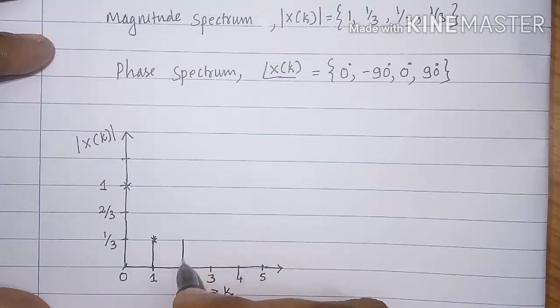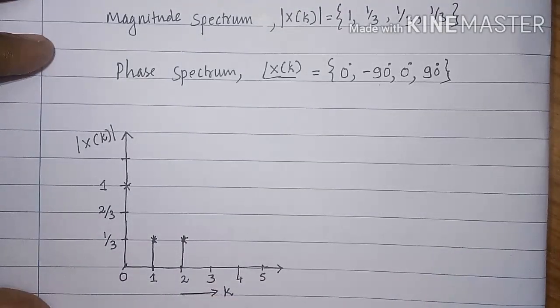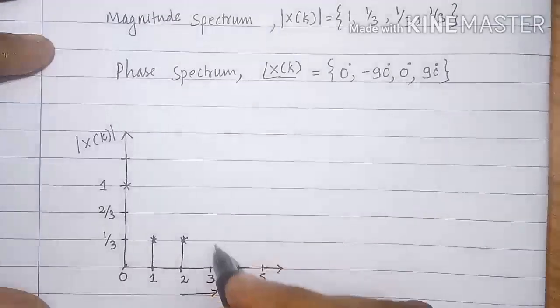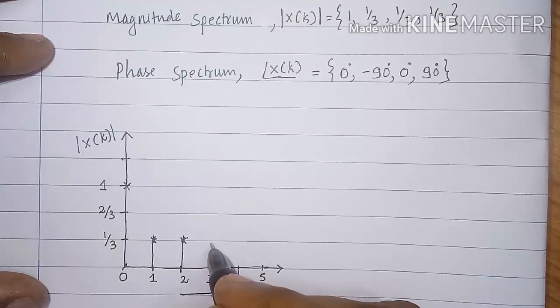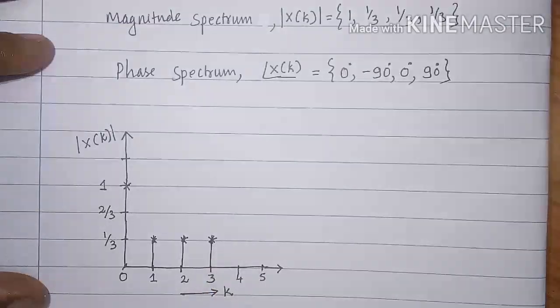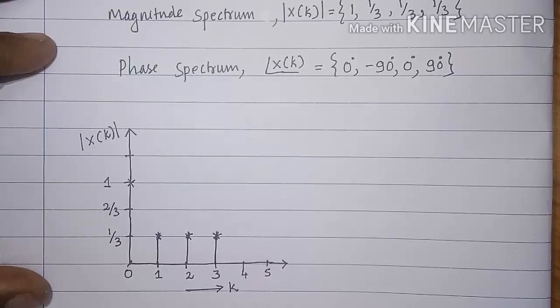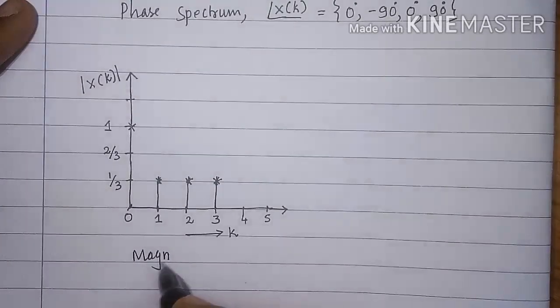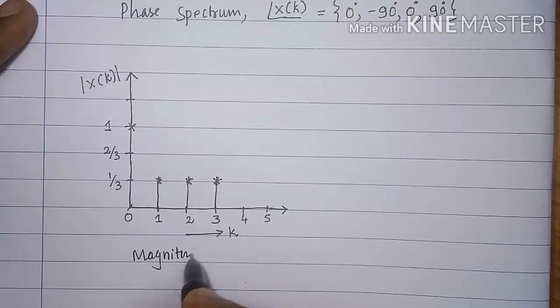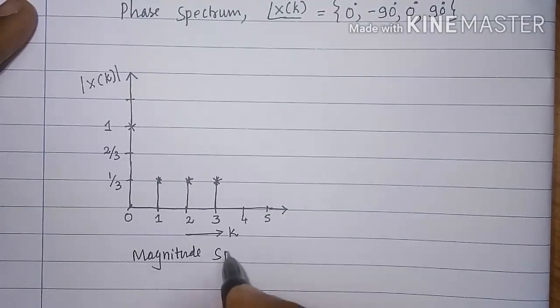Similarly for k equal to 2 and k equal to 3. This is magnitude spectrum.